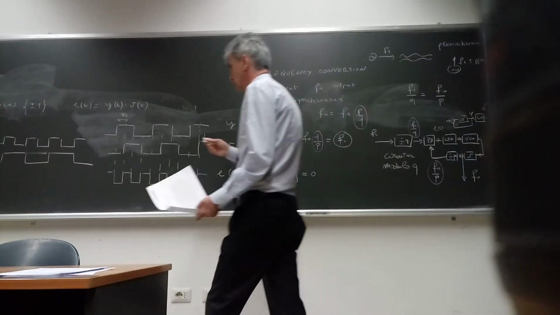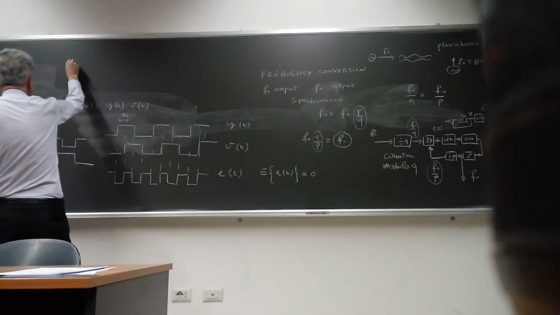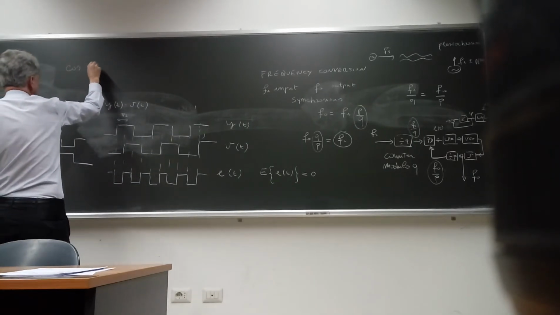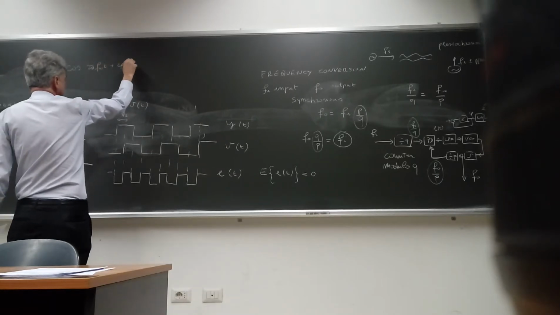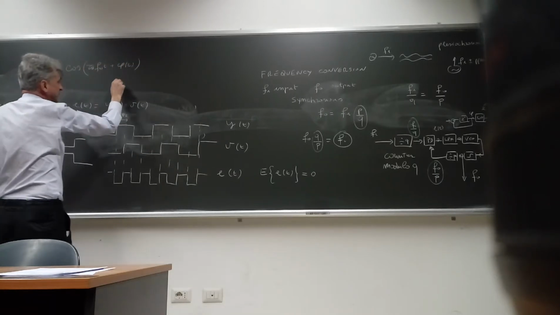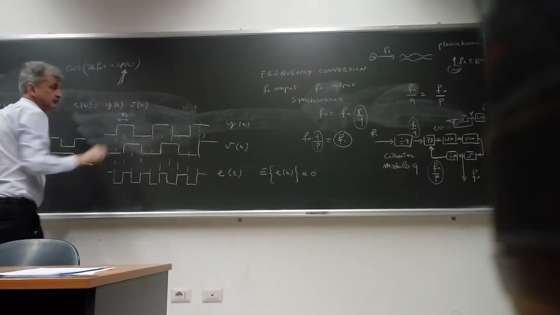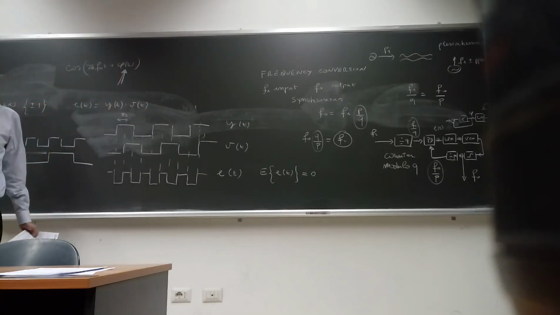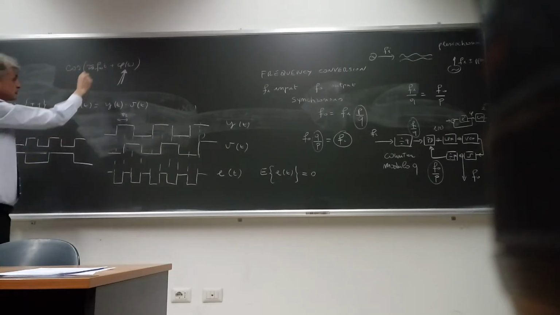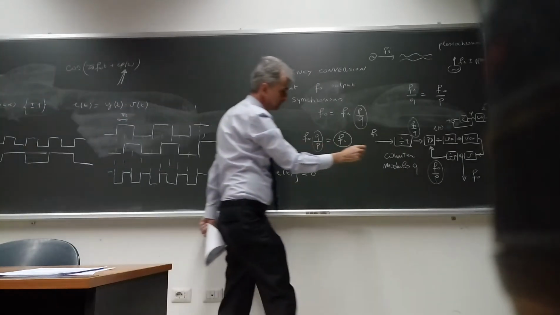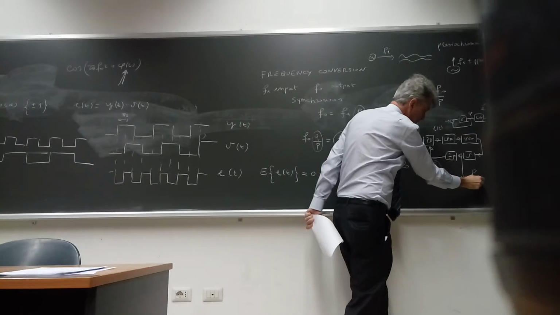So the VCO is cos 2 pi natural frequency plus phi, and in the baseband equivalent you study the phi. This is a property of the VCO. Of course, it must be close to this F0.